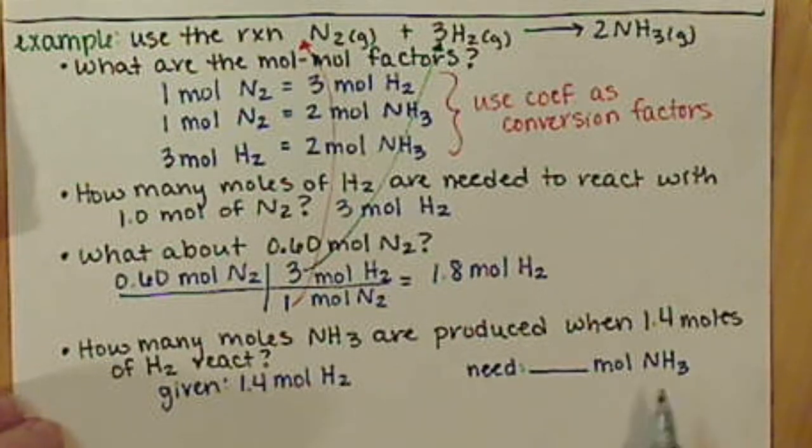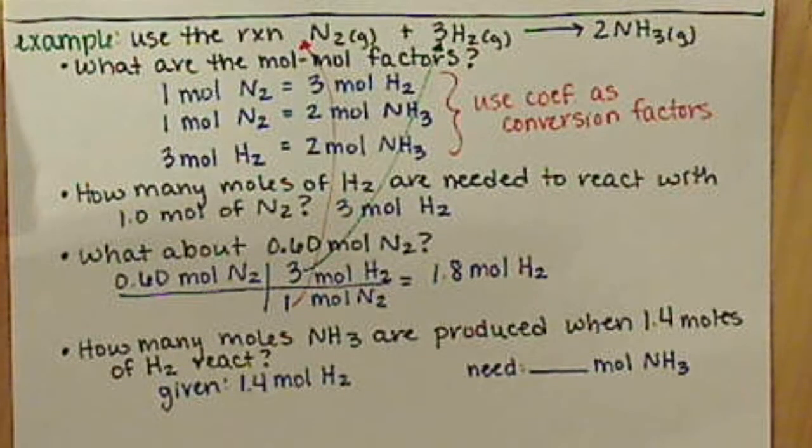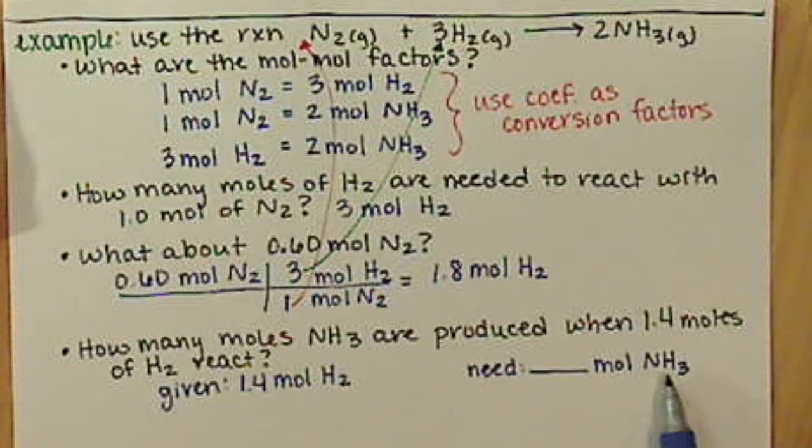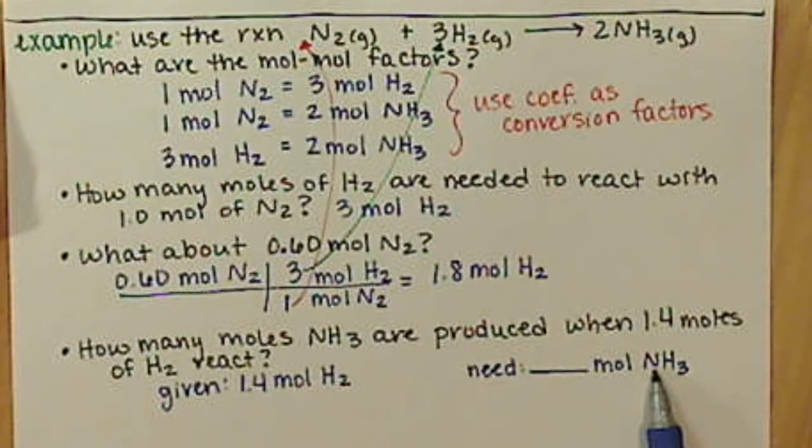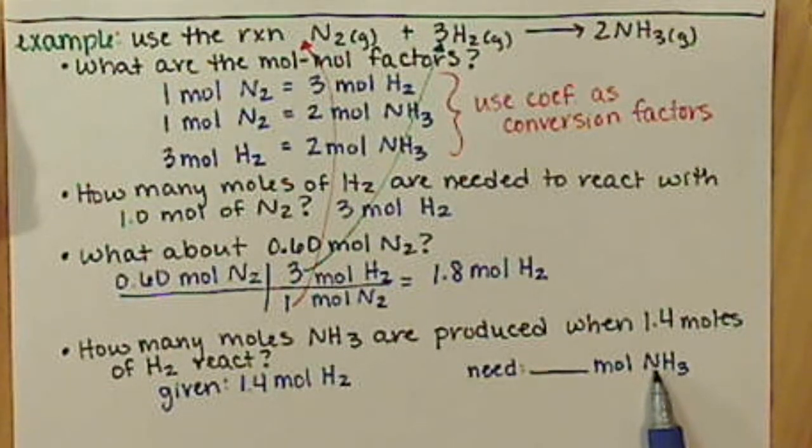You have to use these mole-to-mole factors. That is the only way to convert from one compound to another. I'll say that again. If you are starting with one compound and moving to a different compound in your calculation, the absolute only way to do that conversion is to use stoichiometry, to use those mole-to-mole factors, using those coefficients.